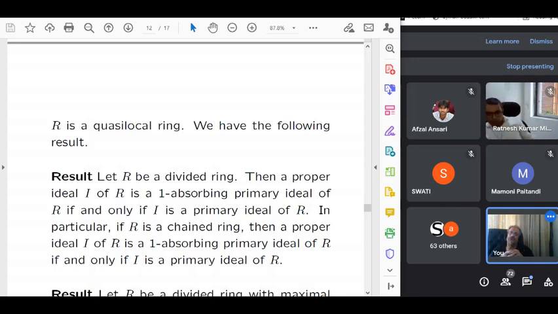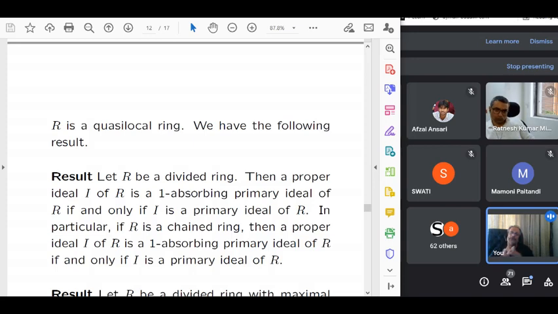Somebody might ask: you said if I have a one absorbing primary that is not primary, then my ring has to be quasi-local. Are there examples that are quasi-local, but where one absorbing primary is the same as primary?